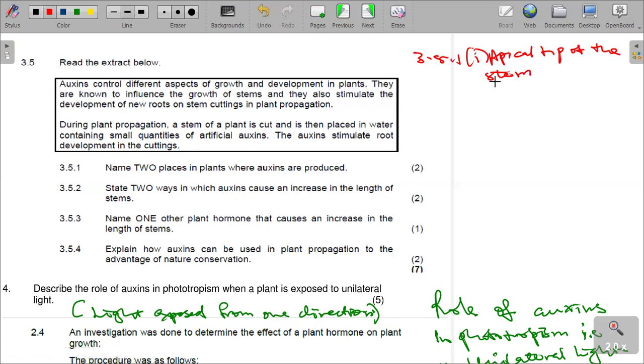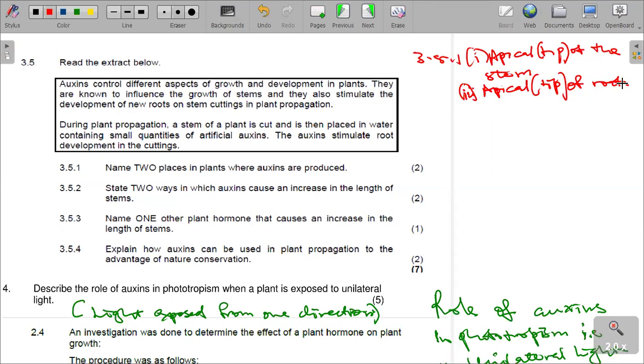We can also have them produced at the apical tip of the root. Auxins are always produced on the freshest part of the plant, which is the tip of the stem or tip of the root. That is where the auxins are produced.